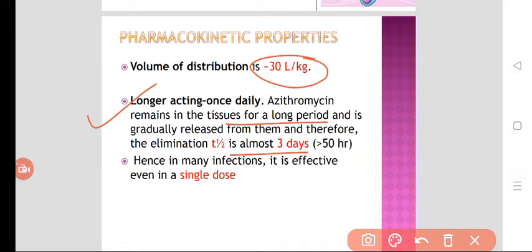Hence, in many conditions, it is effective as a single daily dose or a single effective dose.